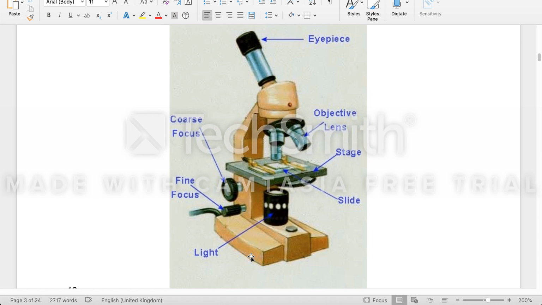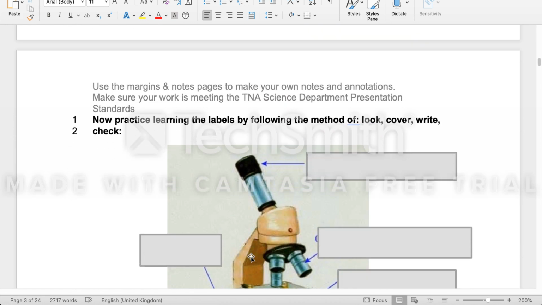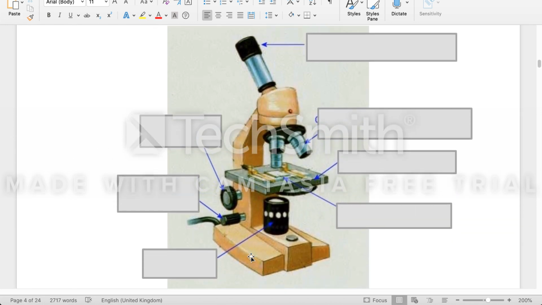And if you scroll down here, you'll notice that it's the same picture with the same arrows, but it's all blanked out. So what you want to do now is pause the video, but do not look back at the previous page.